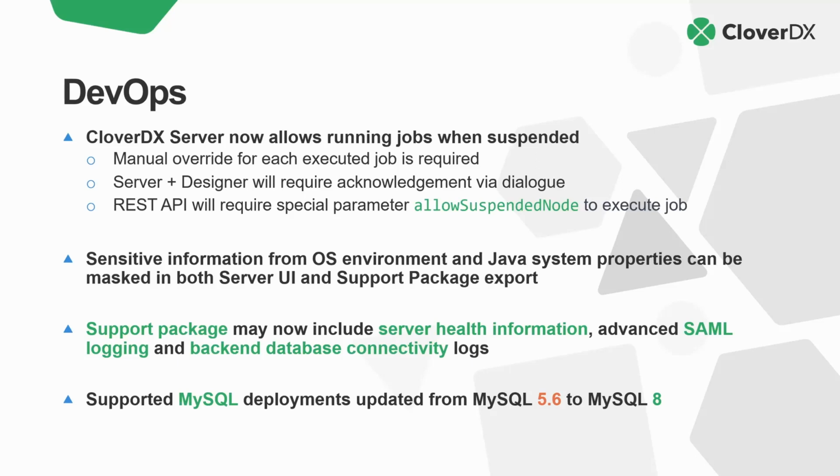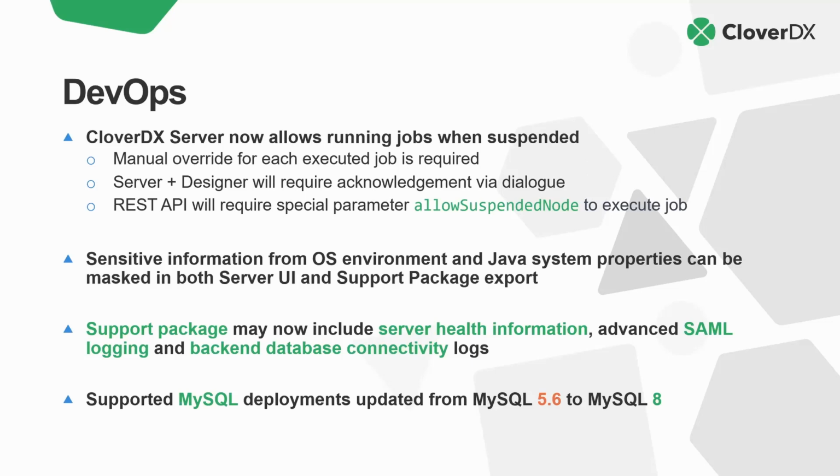So right now, when your CloverDX server is in suspended mode, you can't really run anything on it. CloverDX server will allow to finish jobs which were triggered before the suspension, but it will not allow to run new jobs.